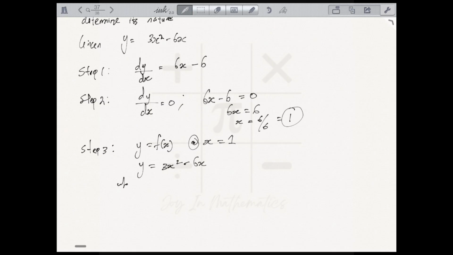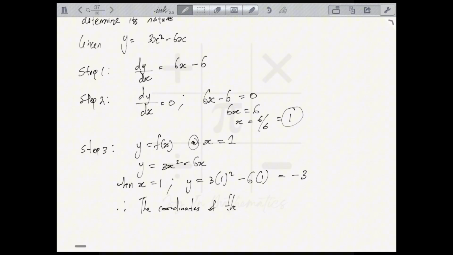Therefore, when x equals 1, then y equals 3 into 1 squared minus 6 into 1, and this will give us minus 3. Since the coordinates are written in terms of x comma y, therefore the coordinates of the turning point are 1, minus 3.